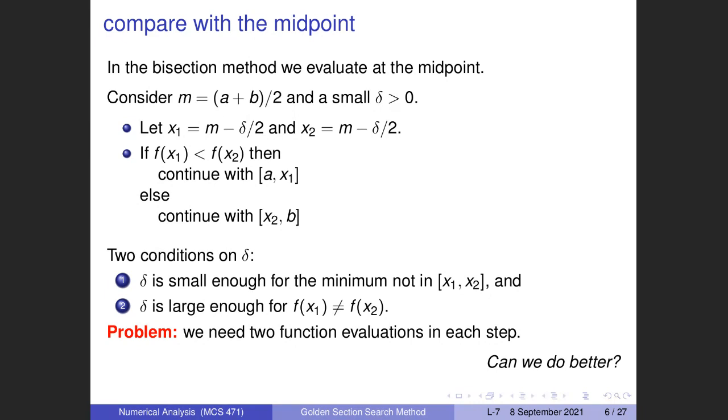But numerically, we have an interesting problem here because we want to take the delta small enough, so it should not be too large so that the interval where the minimum is actually inside x1, x2. So delta should be small enough, but then also it should be large enough to actually still distinguish the function values.